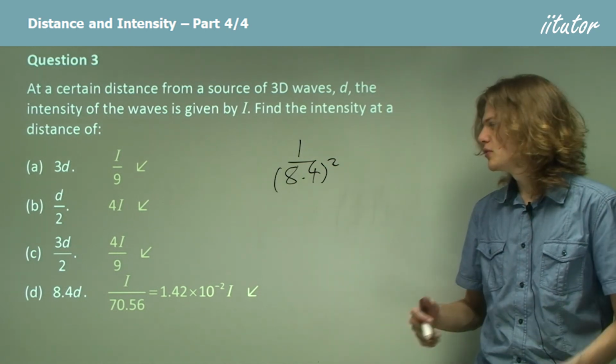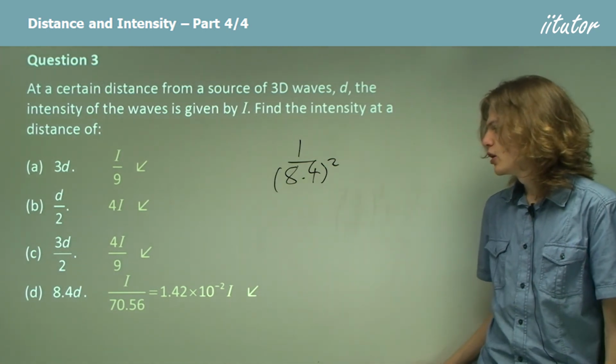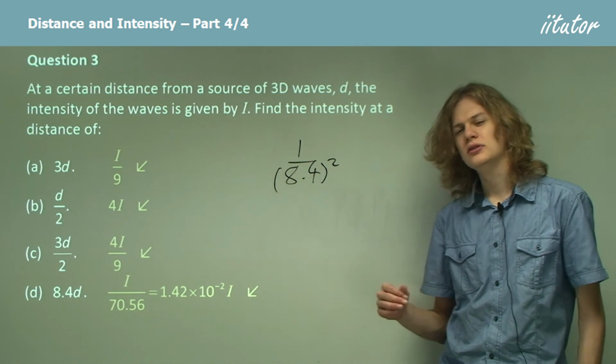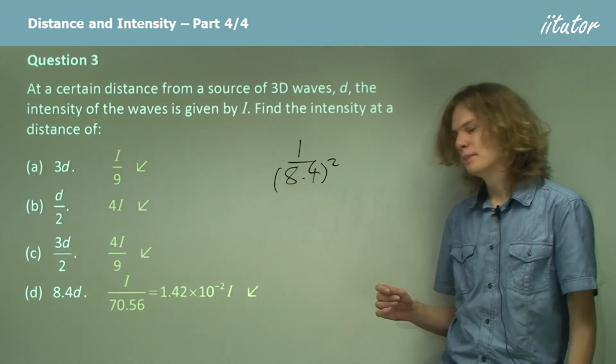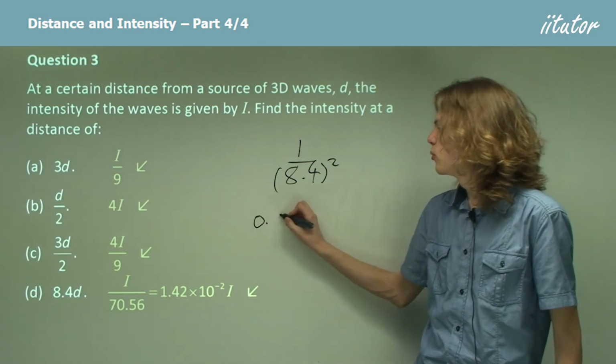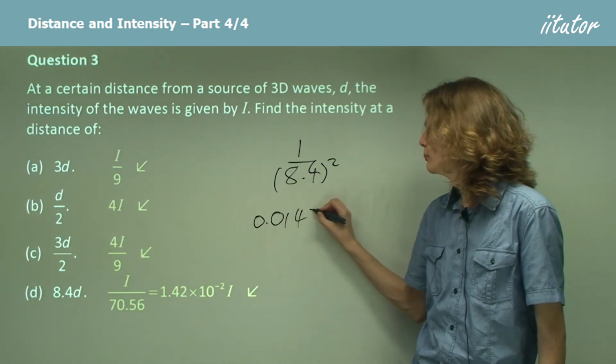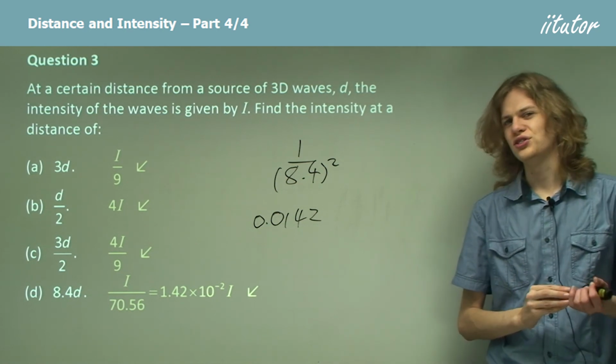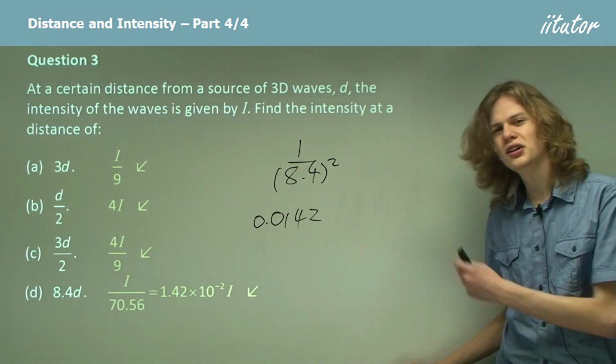But then by making that division on a calculator, we can say that it's 1.42 times 10 to the minus 2 I. The other way that we could write this, of course, is 0.0142. But given that we're all scientists now, it might be a good idea to get used to scientific notation.